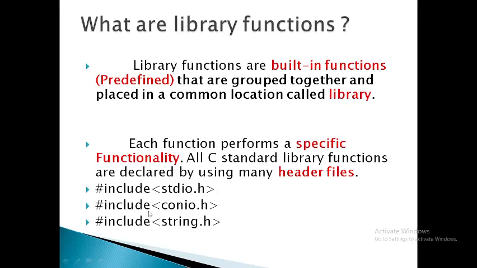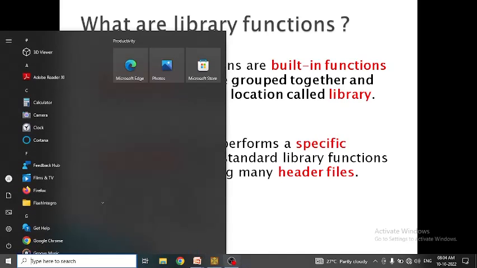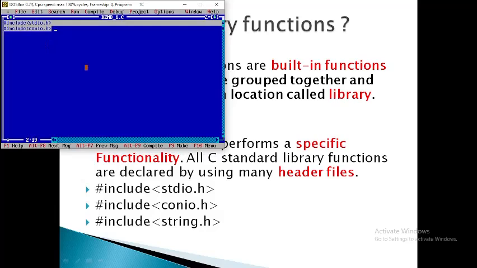These are the examples of header files. Whenever you see the .h extension, it means it is a header file. So you have to include the header file in your code to use these functions, right? So like this we can include it.